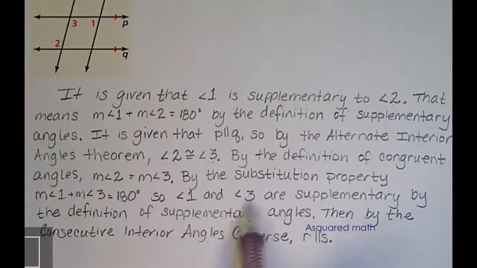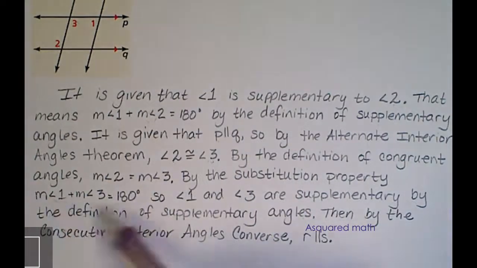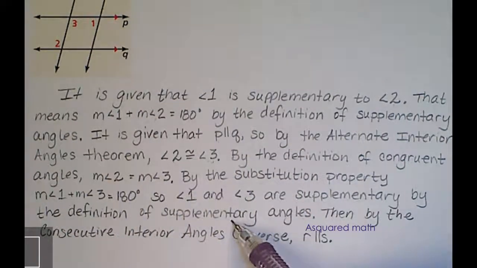So angle 1 and angle 3 are supplementary by the definition of supplementary angles. So I just went backwards from what I started with. I took that mathematical sentence and then turned it into a word definition. Because once we have that, then we can say, by the consecutive interior angles converse, R is parallel to S.